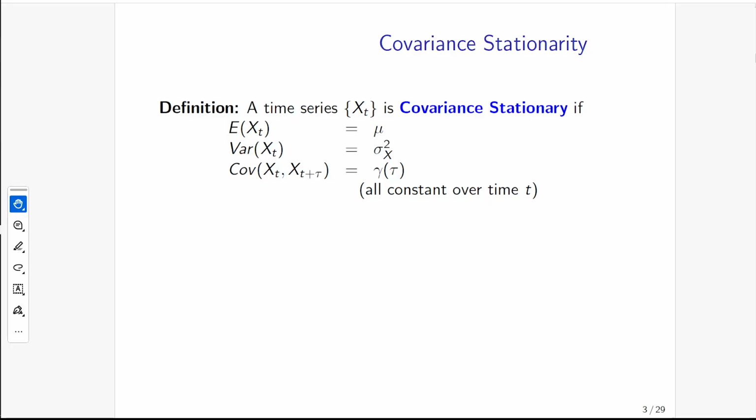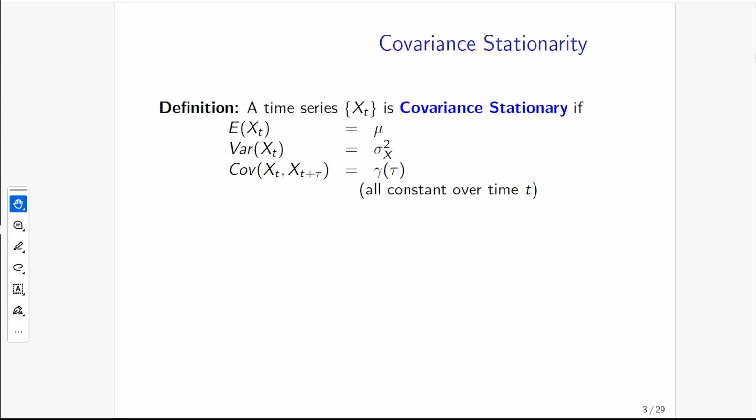So the mean value of x_t will be a constant mu for all t, and the variance of x_t will also not depend on the time t. It will be stationary, or constant, over the time range.